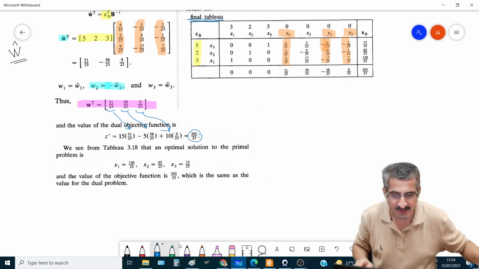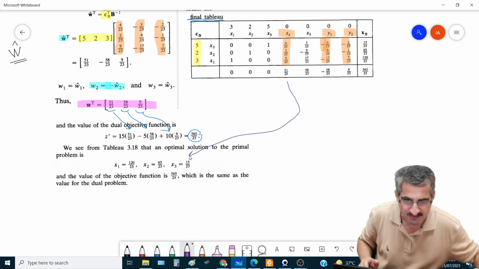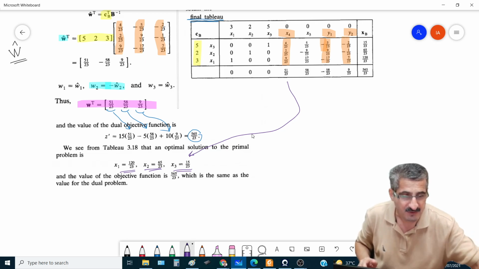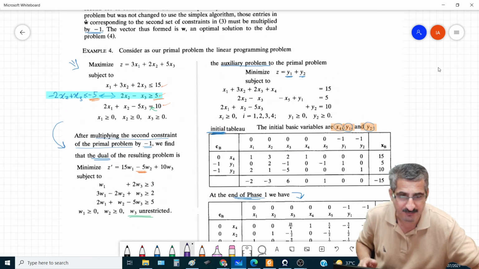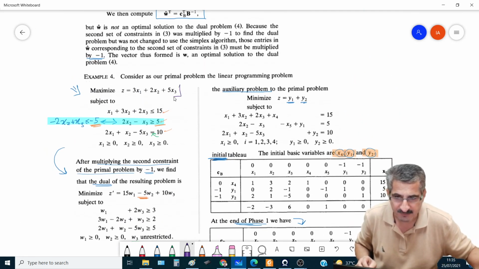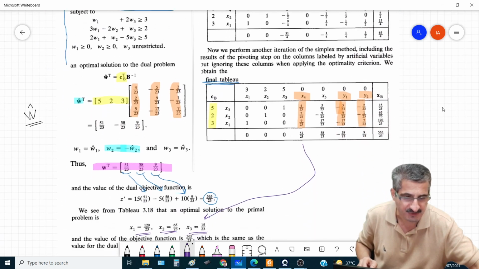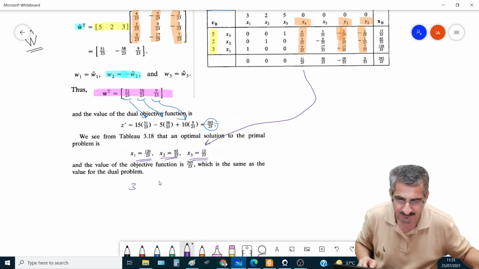Okay, now from the final table here, we get the solutions x1, x2, x3. Substitute them in the objective function of the original problem, in here: 3x1 plus 2x2 plus 5x3.